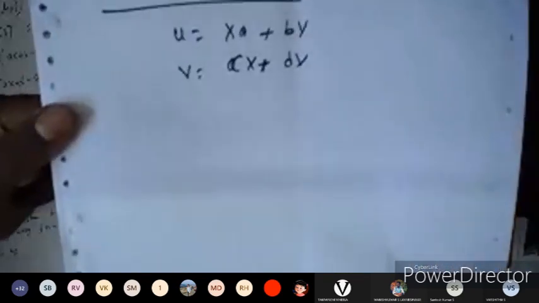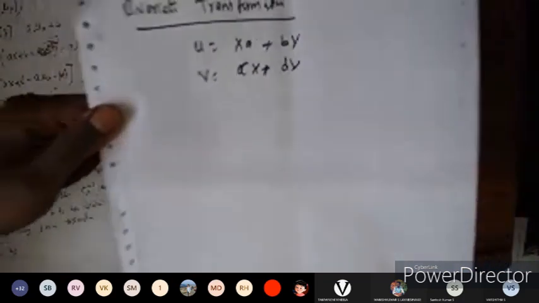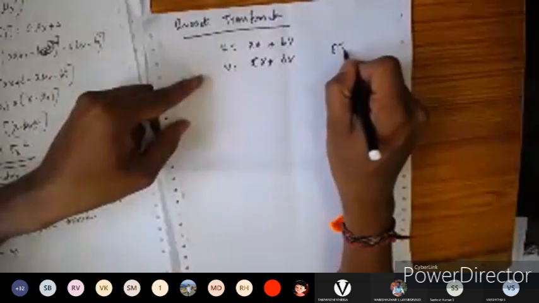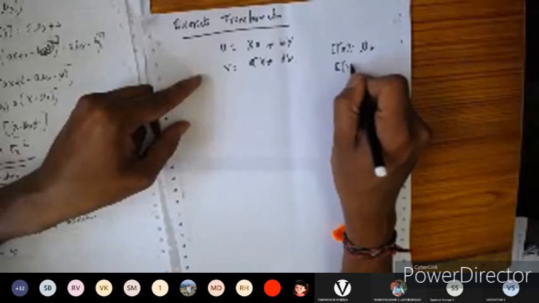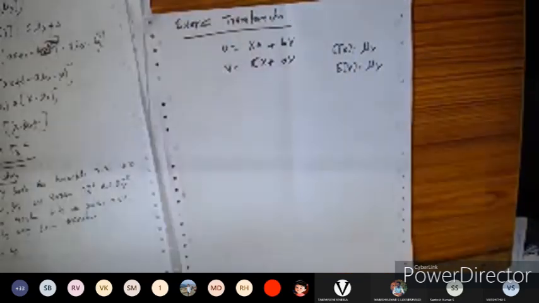We are going to express c into x plus d into y as the second of the two random variables. So u is equal to ax plus by, and we know that the expected value of x is mu x and the expected value of y is mu y.